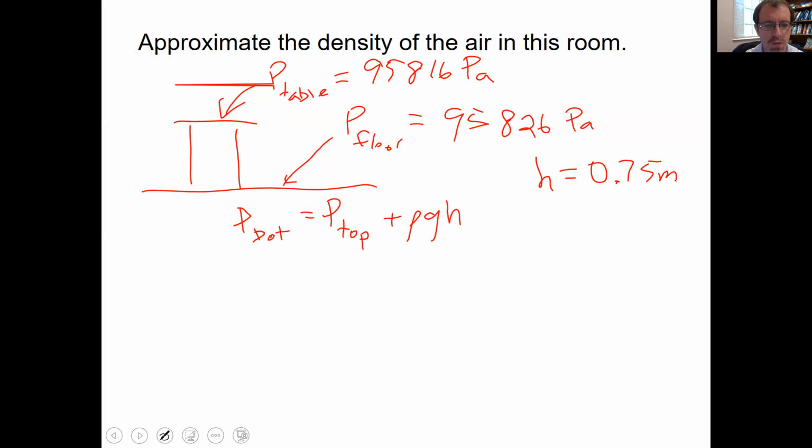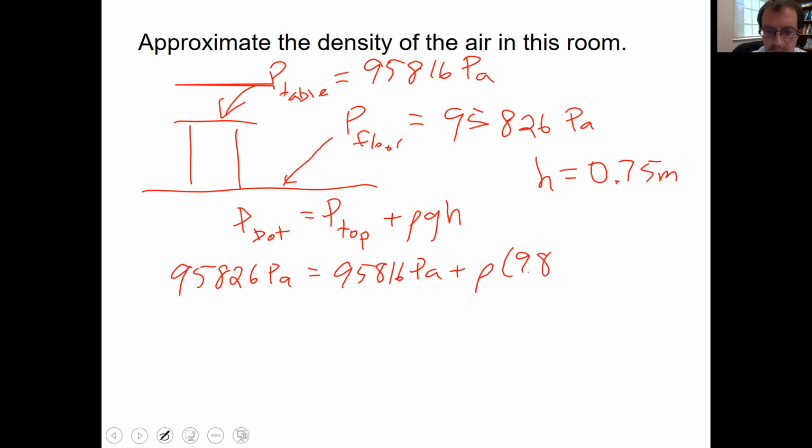Now it's just a question of plugging in numbers and rearranging the equation. 95,826 pascals is equal to 95,816 pascals plus rho times our constant g for gravity times our height of 0.75 meters. When we rearrange that equation, subtract 95,816 from both sides, we end up with 10 pascals is equal to rho g h.